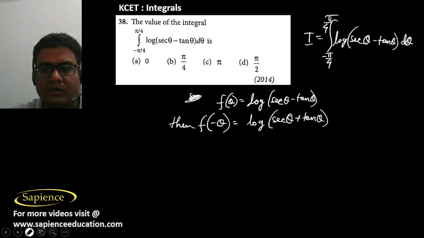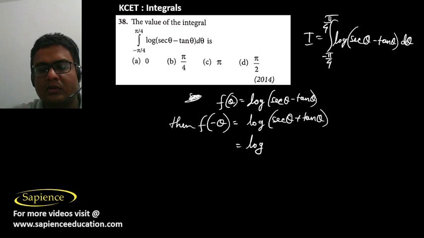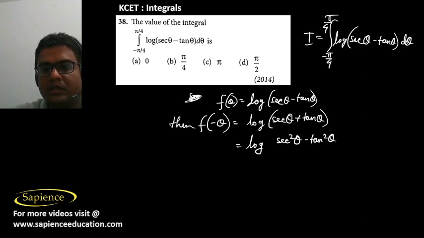Now this can be written as log of (sec square theta minus tan square theta) divided by (sec theta minus tan theta).